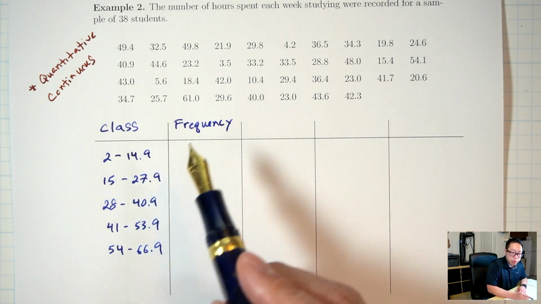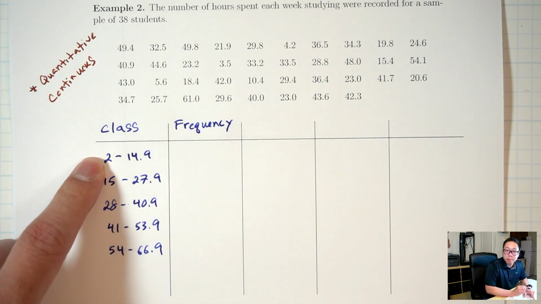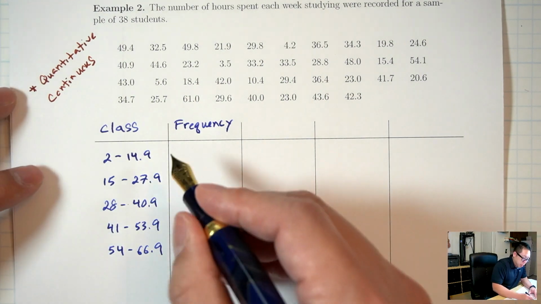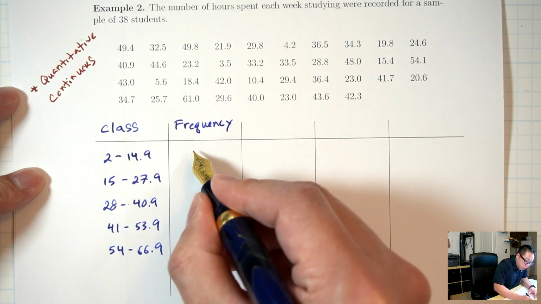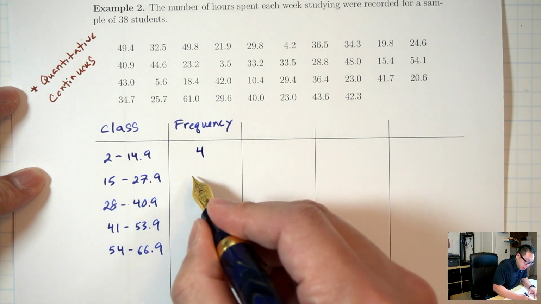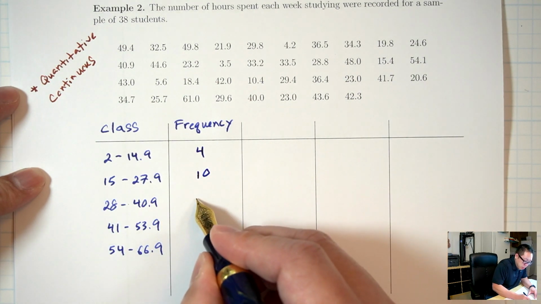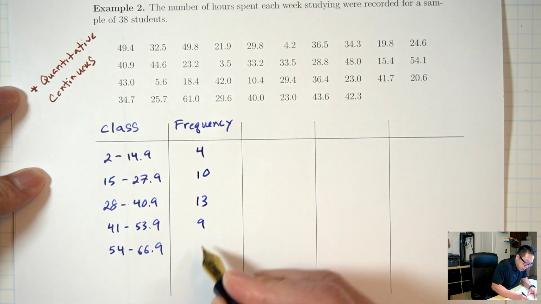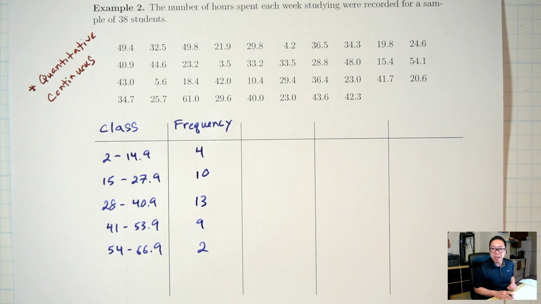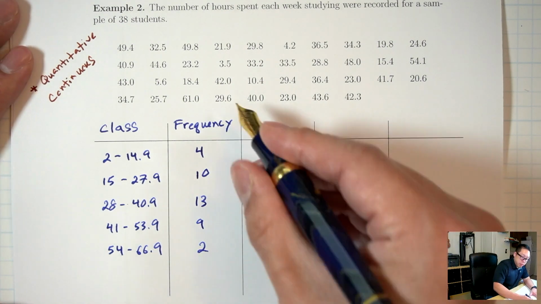So if you have 14.9, it goes here. So between 2 and 14.9, I'm just going to tell you, if you count, there should be 4. Between 15 and 27.9, there should be 10, 13, 9, and 2. Okay? So just trust me on that I counted correctly. That's frequency. Next up is relative frequency.